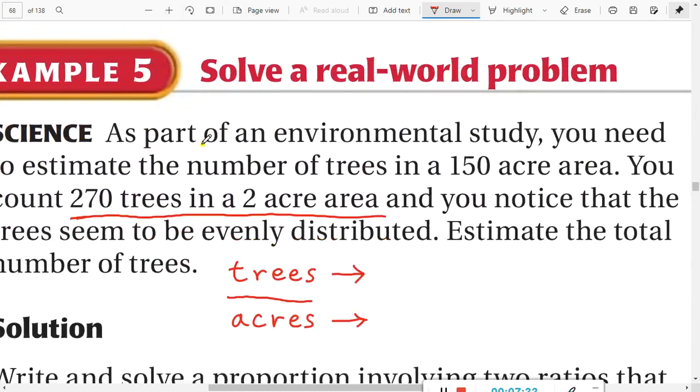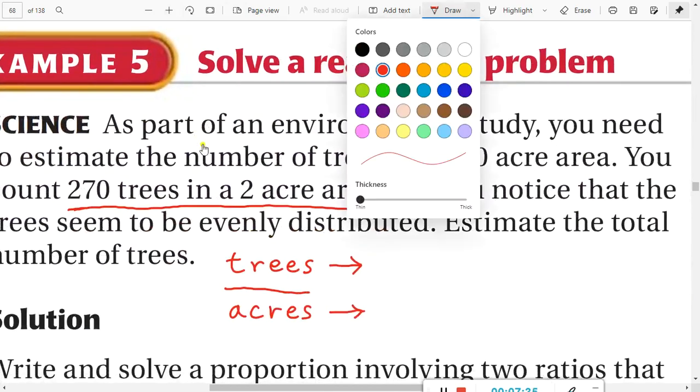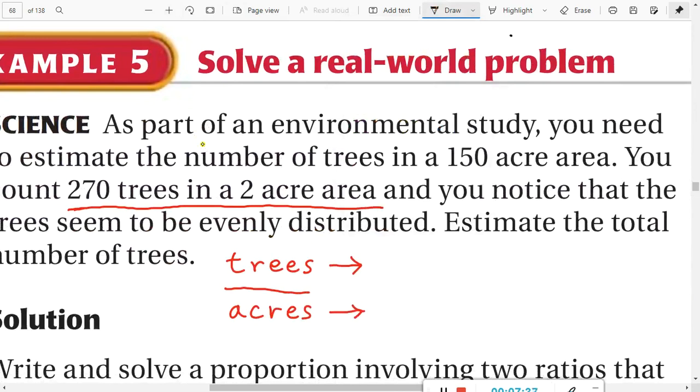All right? And now we're going to set up a ratio and proportion. Okay? So there's 270 trees in 2 acres. So 270 trees for 2 acres. Okay? I lined it up.